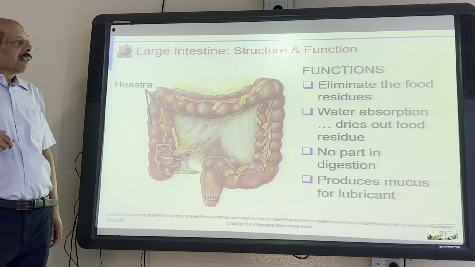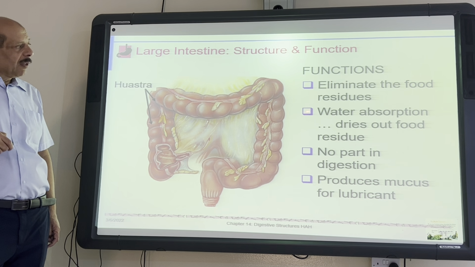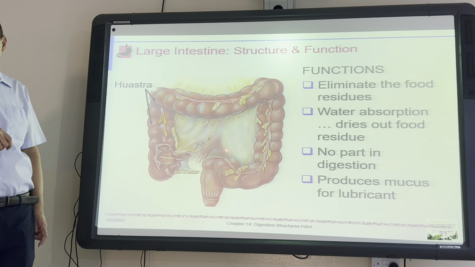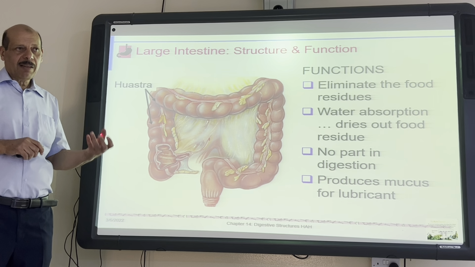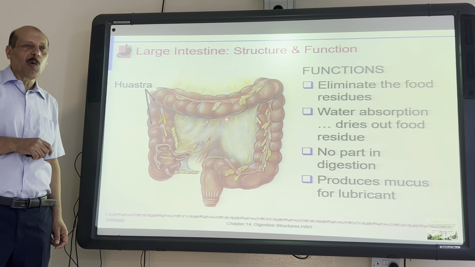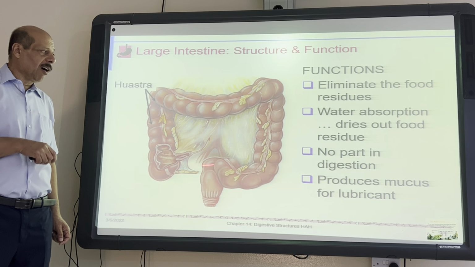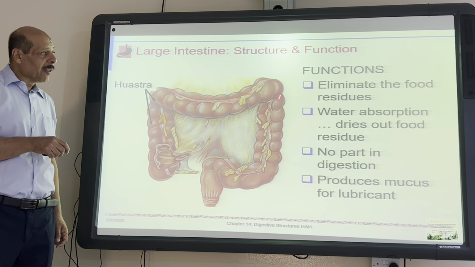The function is to eliminate the food residual. The food residual is the end product of the digested food after the absorption happened inside the small intestine, and after absorption of water inside the large intestine, it will be eliminated.